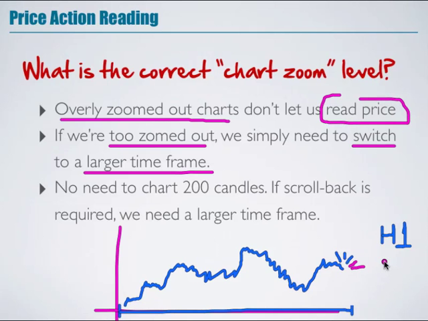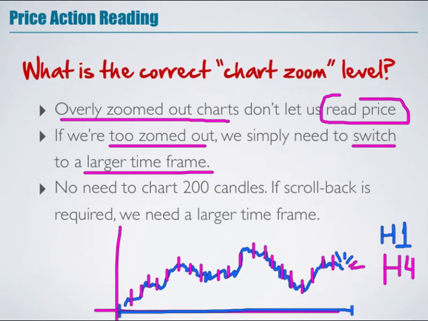Why not simply switch to the 4 hour time frame, and you will be able to map pretty much the same time span, but now you will be able to see the individual candles. You don't need to squeeze your individual candles too tightly. Simply switch to a larger time frame and space out your candles so you can actually read them.